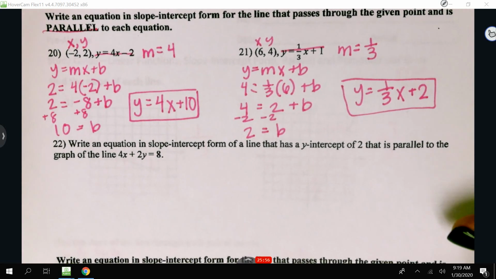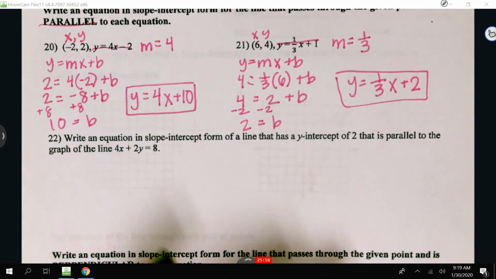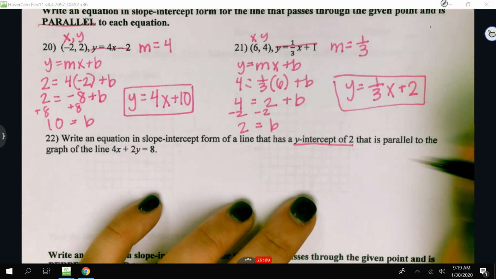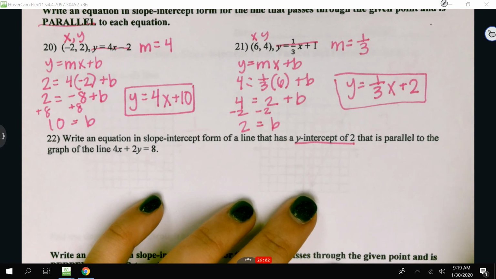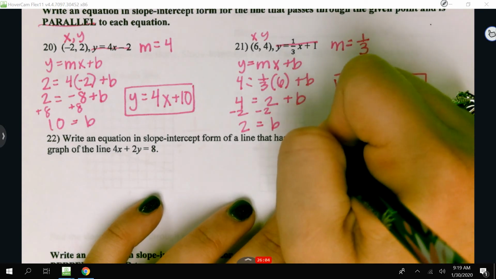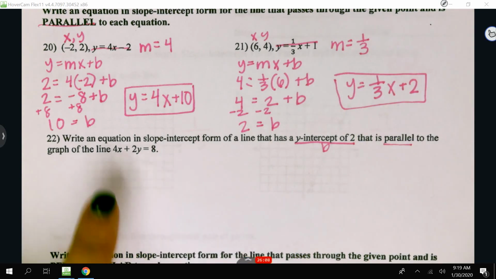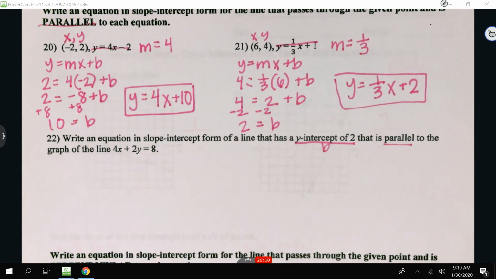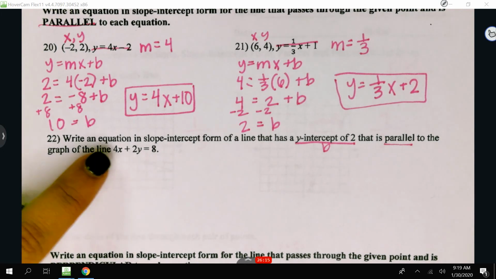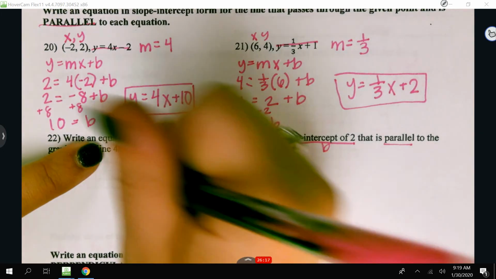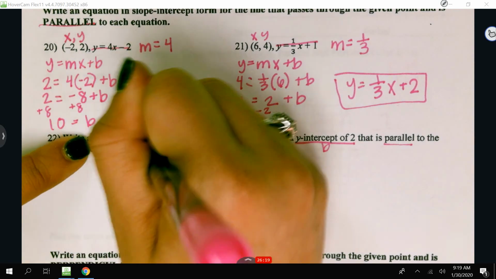All right, number 22. Write an equation in slope-intercept form of a line that has a y-intercept of 2. So what is your y-intercept in that formula? That's your b, okay? We want to find it parallel to the graph 4x plus 2y equals 8. So what do I need to do with this equation first? Minus 4x on both sides. Right, you need to get it in slope-intercept form.